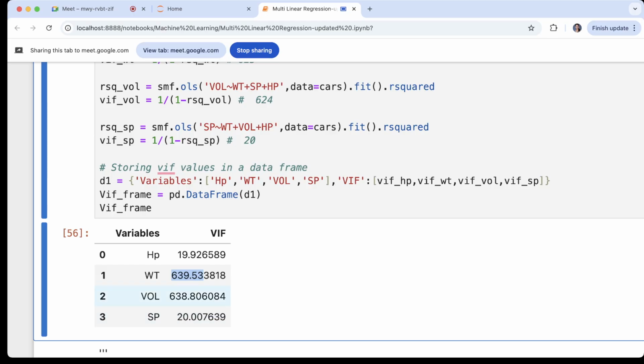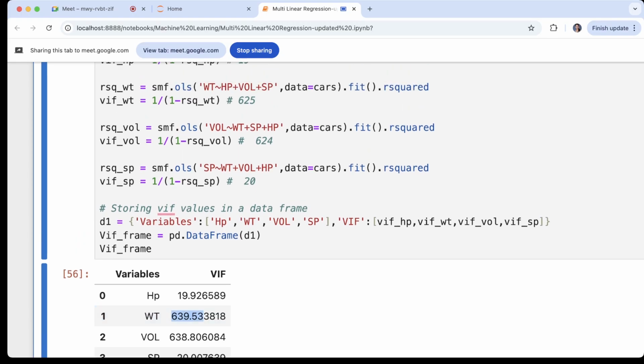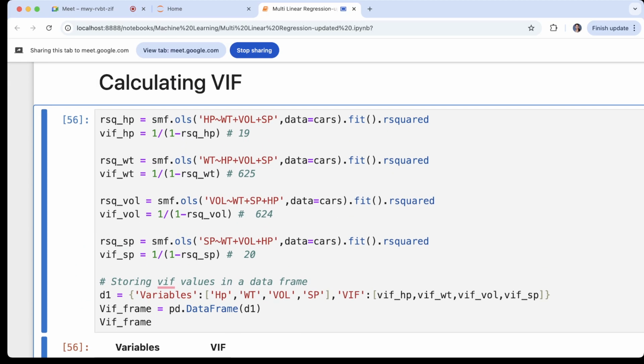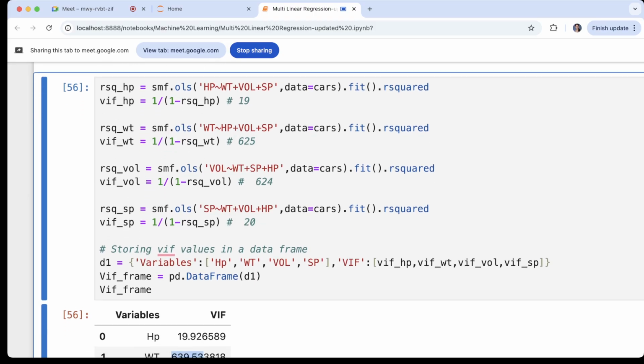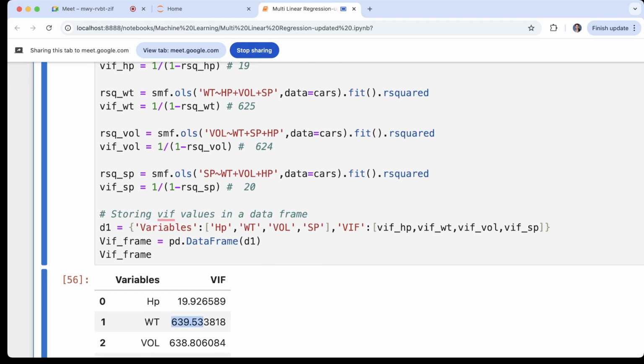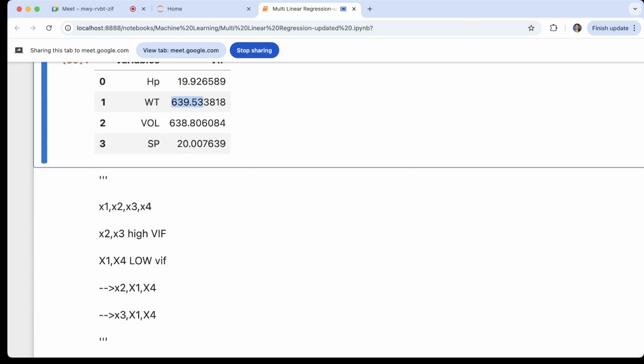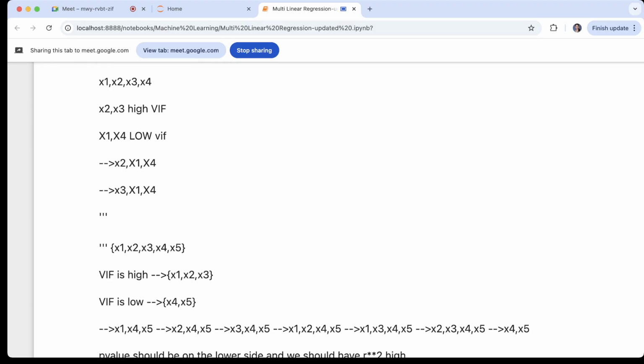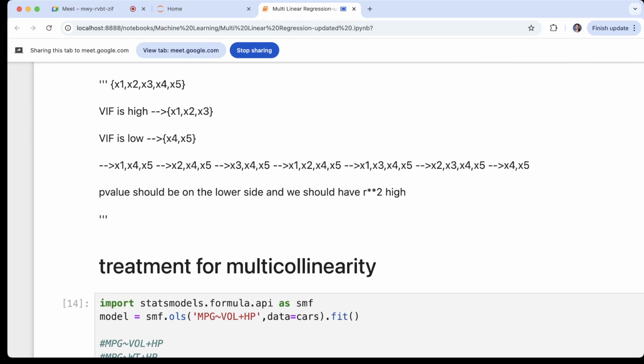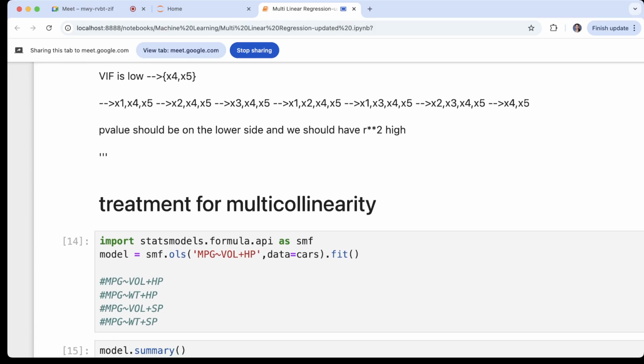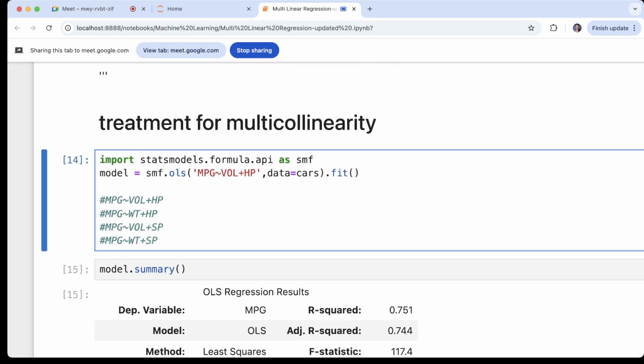So as it is more than 10, we know now that it is not independent, there is some dependence, correct? Okay, so now we will treat the multicollinearity.